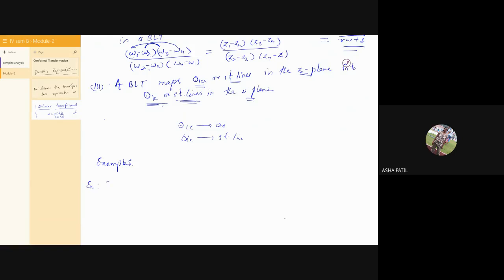Find the bilinear transformation which maps z equal to 1, i, -1 onto the points w equal to i, 0, -i. Also find the invariant points.